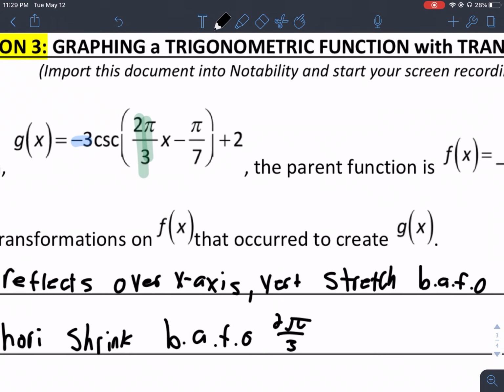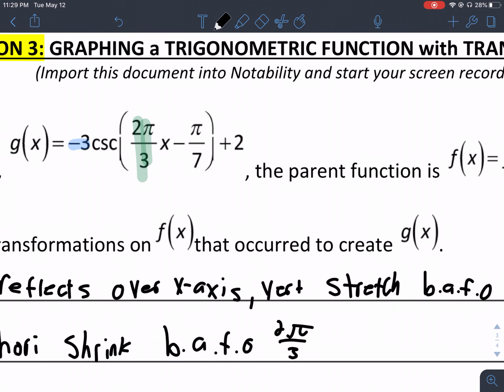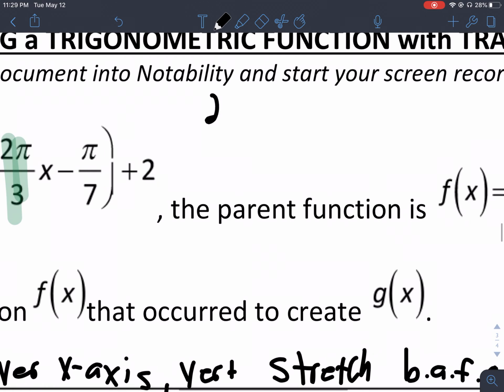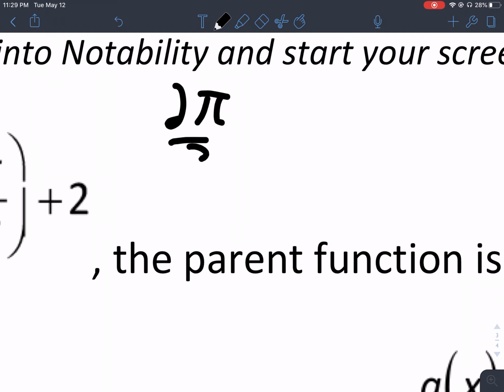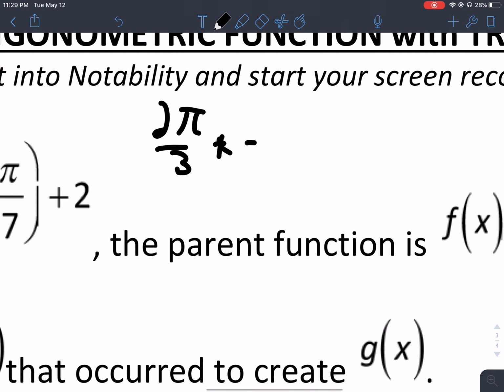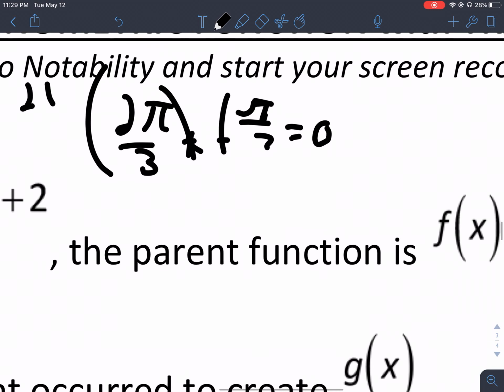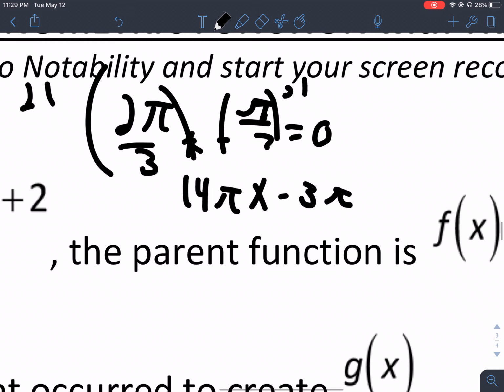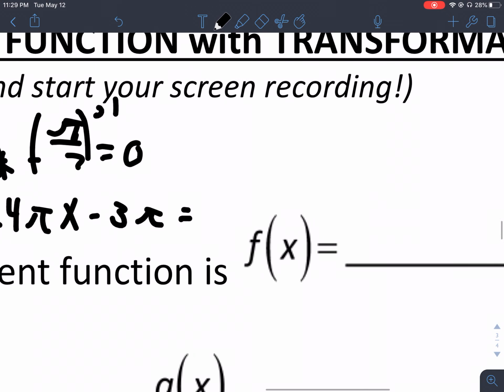H is the same thing as a phase shift. So we're going to take 2 pi over 3 times x minus pi over 7 equals 0. The greatest common factor is 21. So we get 14 pi x minus 3 pi equals 0.